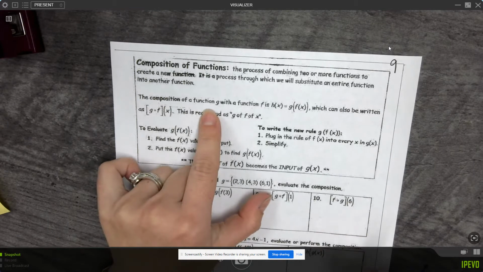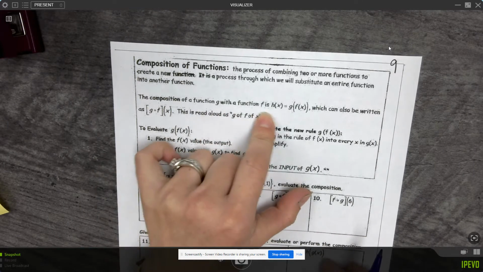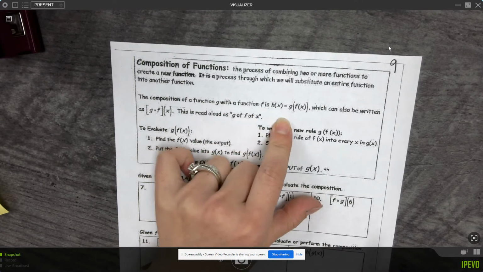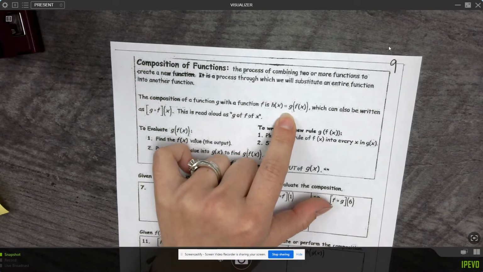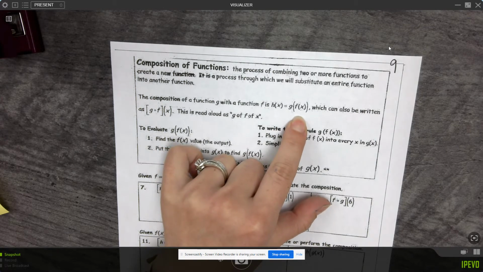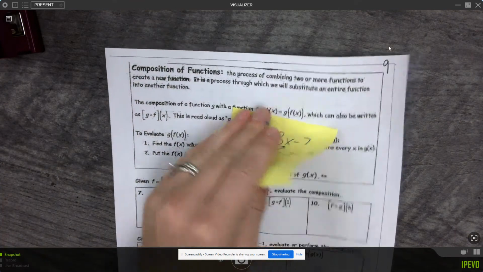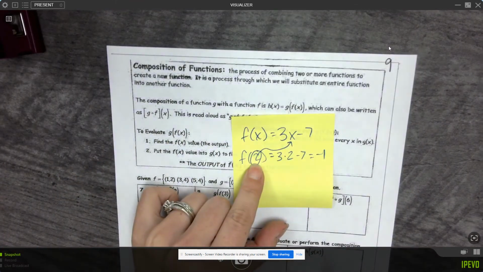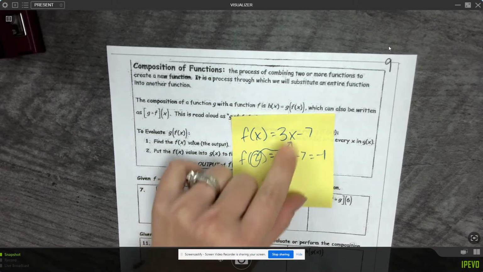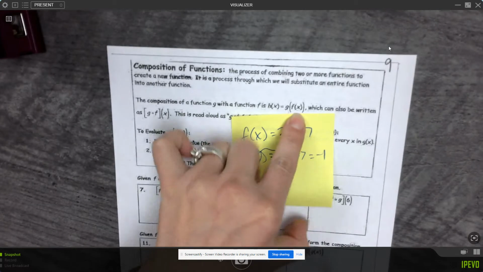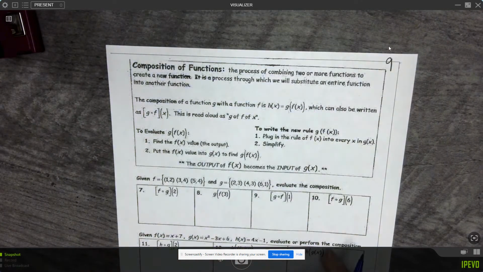So the composition of a function g with a function f creates this new function where I take g of x and I'm going to plug in f of x. Because it's inside my parentheses, like this one here, my 2 is inside the parentheses, so I plug the 2 in. My f is inside the parentheses, so you're going to plug the f into g.